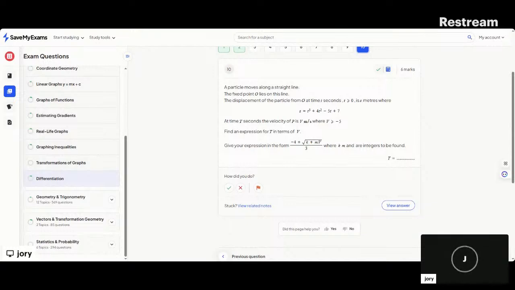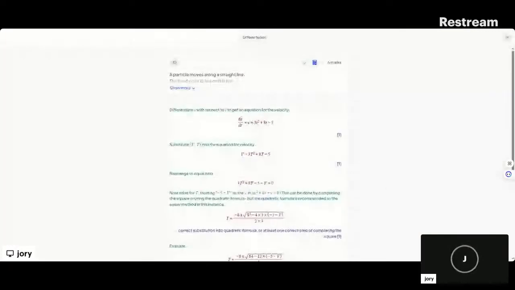Right. s is meters, v is meters per second, right? And this is the meters. This another particle. Yeah, I have no idea. Okay, so differentiate s with respect to t to get an equation for velocity. Wait, so that's something I'm supposed to know?